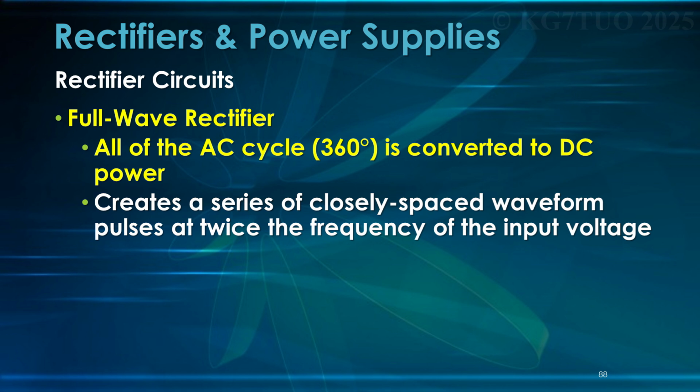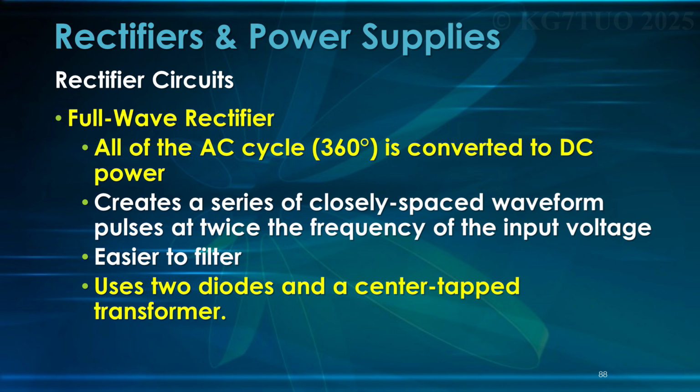It creates a series of close-spaced waveform pulses at twice the frequency of the input voltage. So that makes it a lot easier to smooth out. If your input frequency is 60 cycles, the output frequency is going to be 120, and those pulses are going to be easy to filter out.